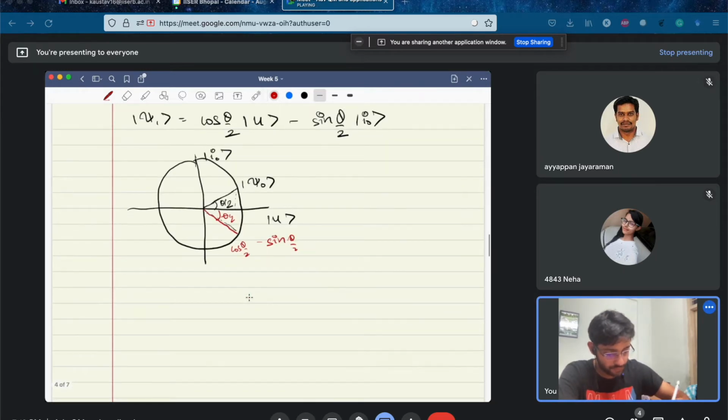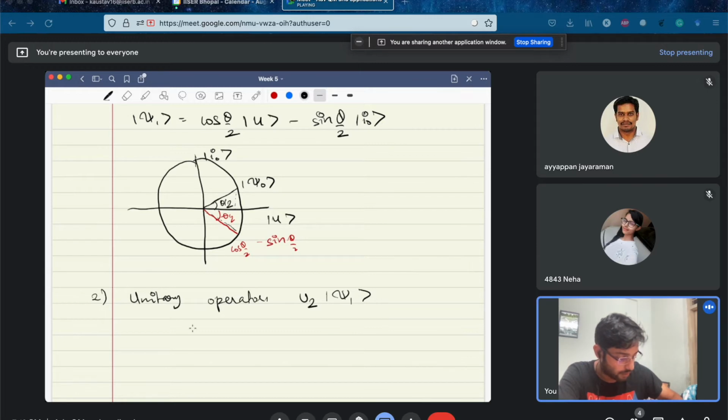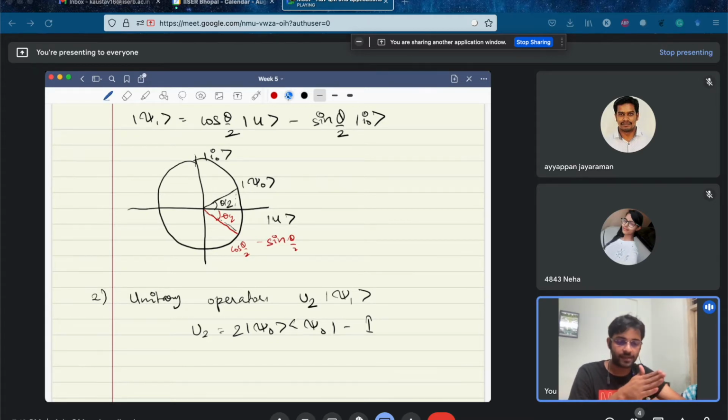Okay, now in the second step, you use another unitary operator, u2, and you are operating u2 on psi 1, and this u2 essentially is written in the form 2 psi naught psi naught minus I. And what it essentially does is it takes a reflection over the psi naught and shifts on the other side. So we will see how it's actually done.